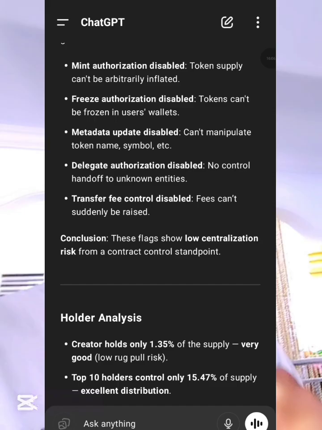Delegate authorization disabled: no control handed off to an unknown entity. Transfer fee control disabled: fees cannot suddenly be raised. So this is the conclusion from ChatGPT: these flags show low centralization risk from a contract control standpoint.